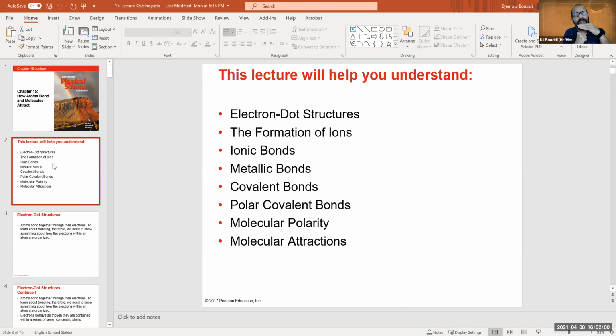They're strongly held to the nucleus. And then there are the outer ones that can be either given or accept electrons to the outer shell, or actually be shared in a sense with other atoms to form different kinds of compounds. So those are the ones that are part of the dot structure.